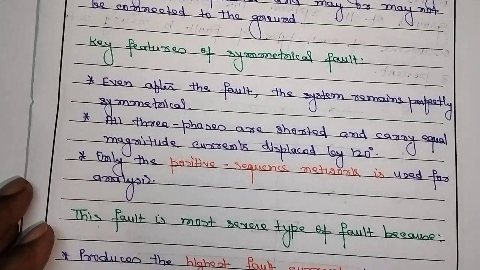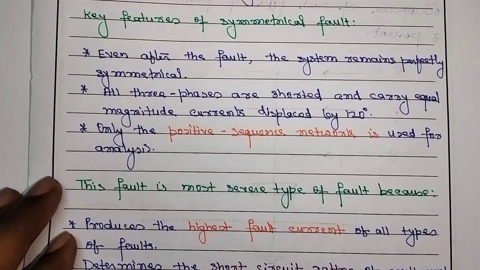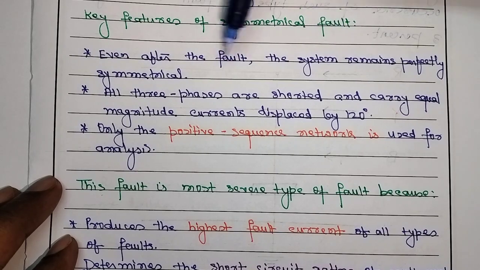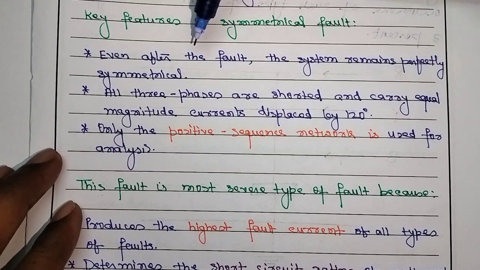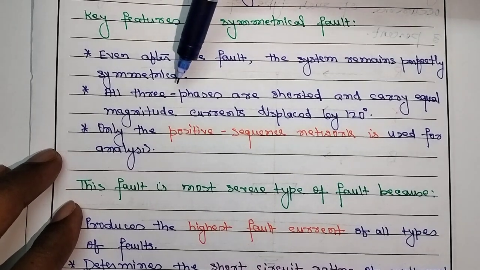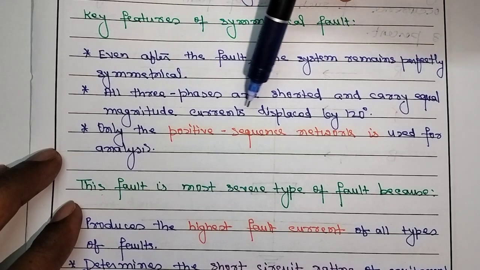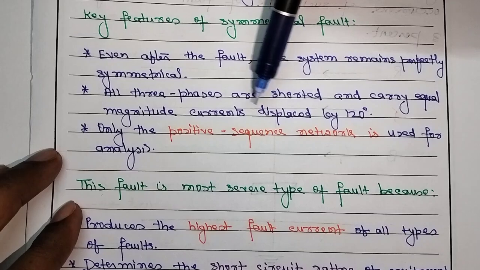Only the line conductors get involved in this type of fault. The key feature of the symmetrical fault is that even after the fault the system remains perfectly symmetrical, and balanced in nature. All three phases are shorted and carry equal magnitude current displaced by 120 degrees.